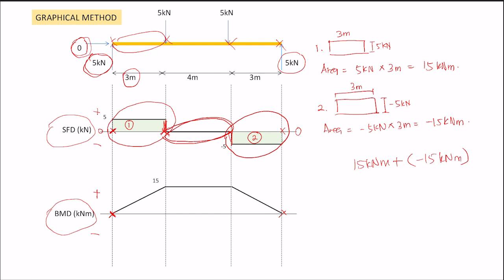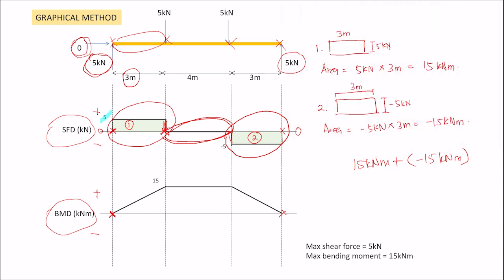That's why you don't get 0 at the end, because it is in equilibrium. The question asks you to find the maximum shear force and bending moment. You look at your diagram. For shear force, the highest value would be 5 positive and negative 5 negative.